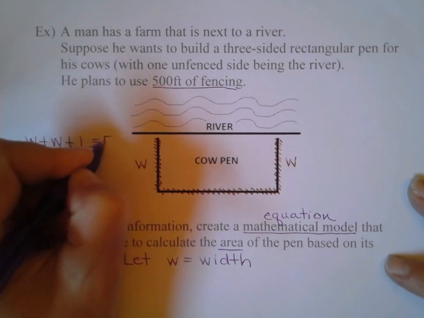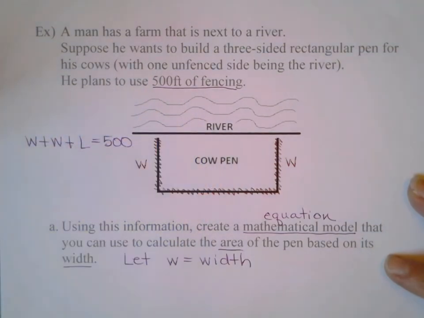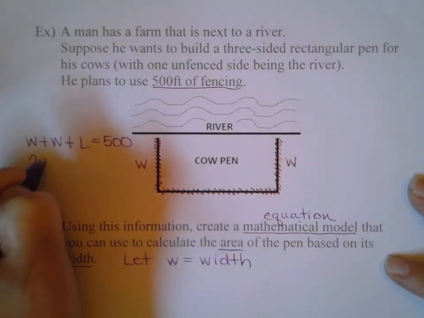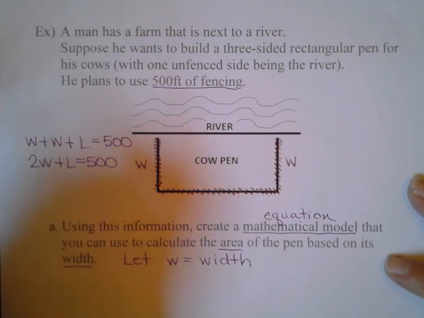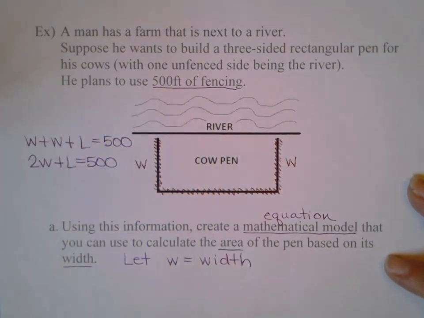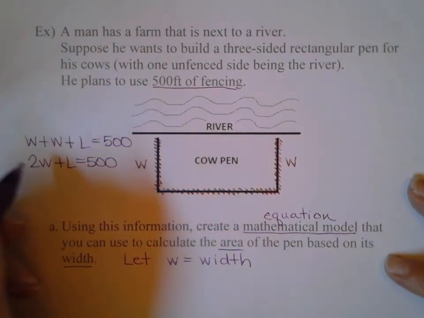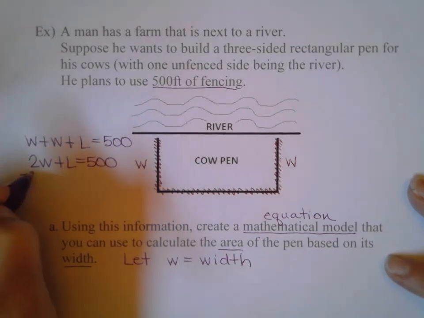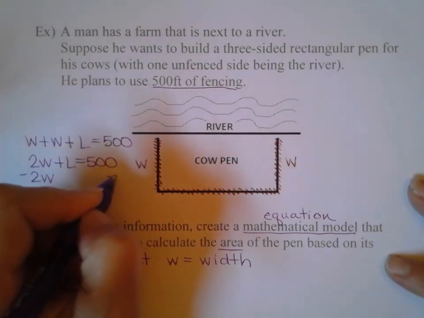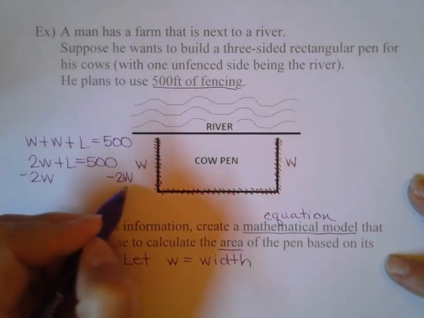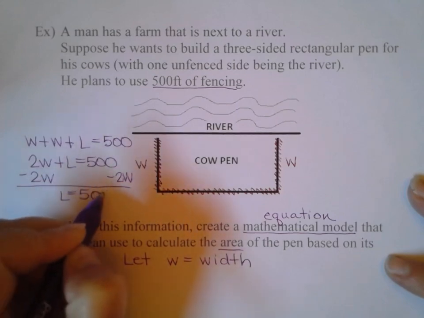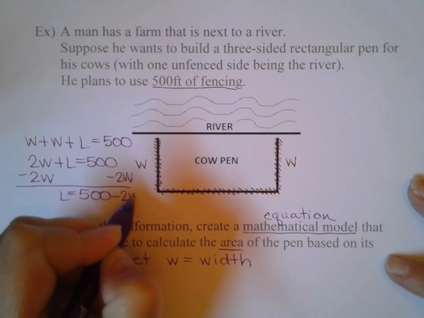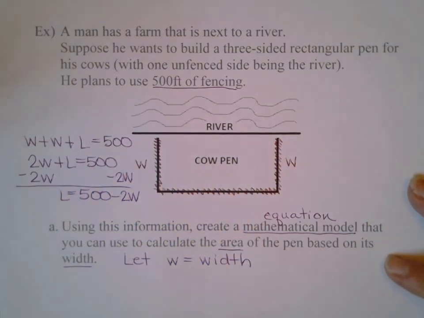I want that all to add up to 500. It's the same as 2W plus the length. So if I want to come up with a way to represent the length, I can subtract this 2W over to the other side. And my length must be 500 minus 2W.